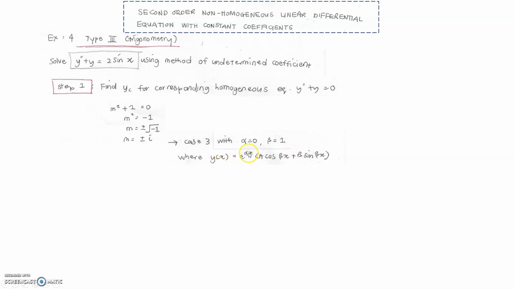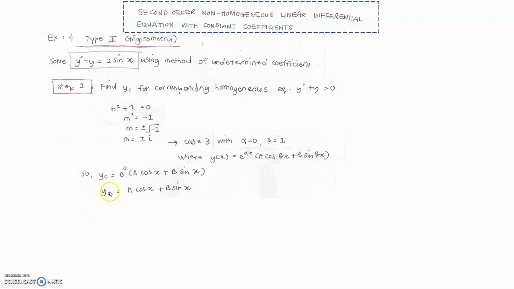In this case, the alpha is 0, the beta is 1. So now your yc is equal to e to the 0 because alpha is 0, times a cos x plus b sin x. So e to the 0, you can simplify it to become 1. So your yc is now a cos x plus b sin x.